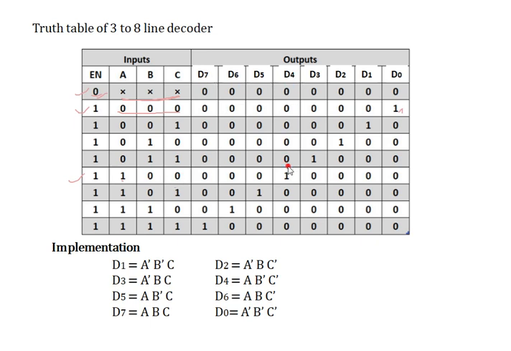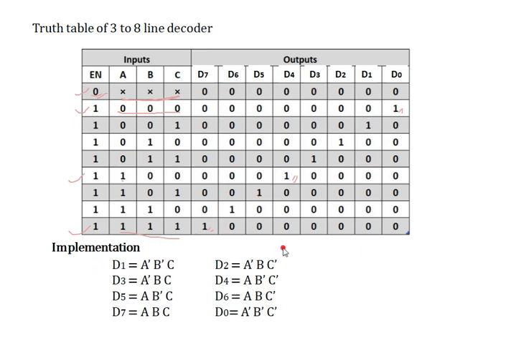Here I have 4, so I am placing 1 here and the remaining outputs are zeros. Go for this one. Enable is 1, and 1, 1, 1 means 7. So here I have 7. Place 1 here and the remaining are all zeros. So this is the way to fill the truth table.